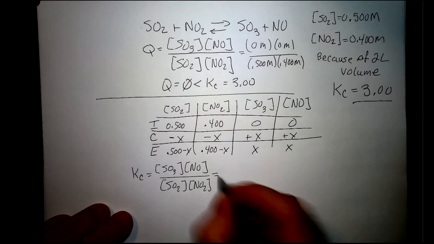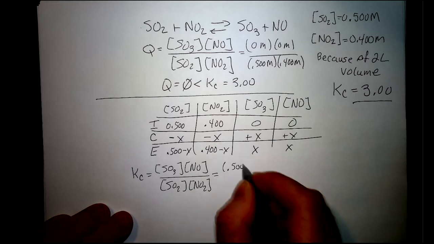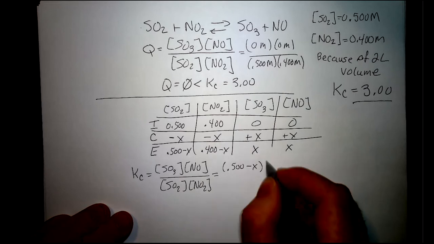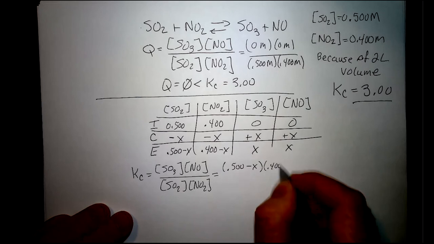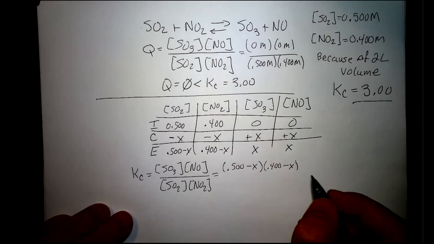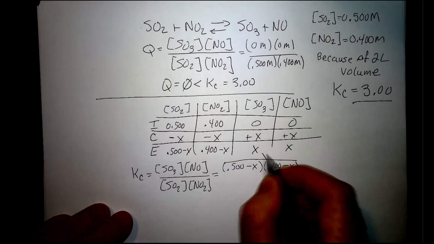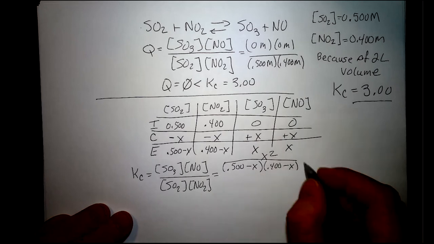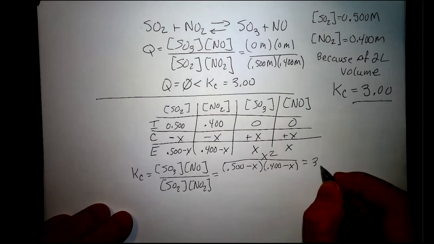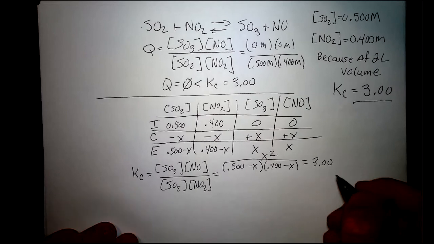Now if we plug in our variables, it'll be 0.500 minus x and 0.400 minus x. Those are my reactants. The products go on top, so it'll be x squared over that, and that will be equal to 3.00. Now I need to actually do some algebra.